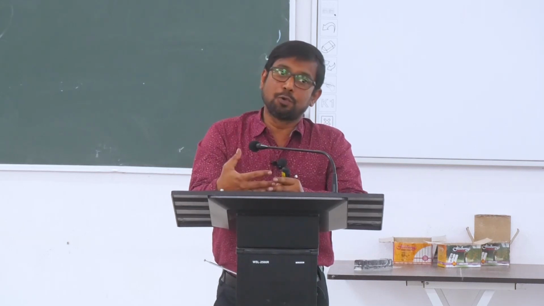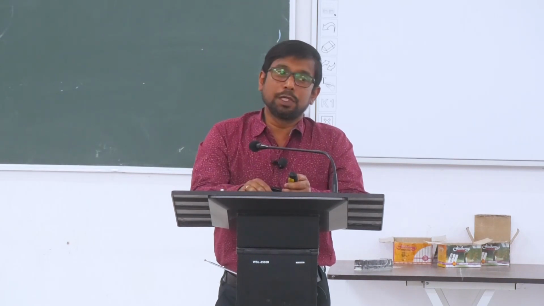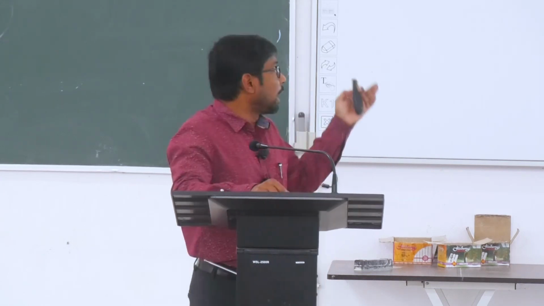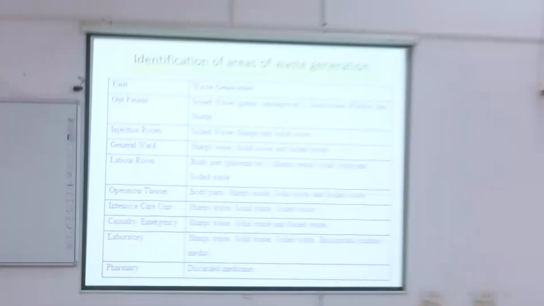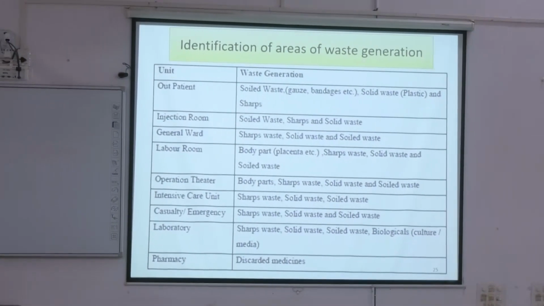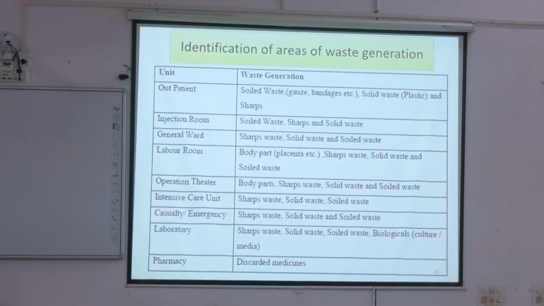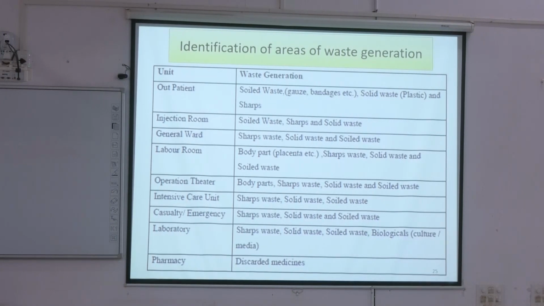You have to maintain it, and in this process even the bacterial spores will die. After that you have to store it in a common storage. After that, within 48 hours you have to send it to any common treatment facility or agency who will take care of it.